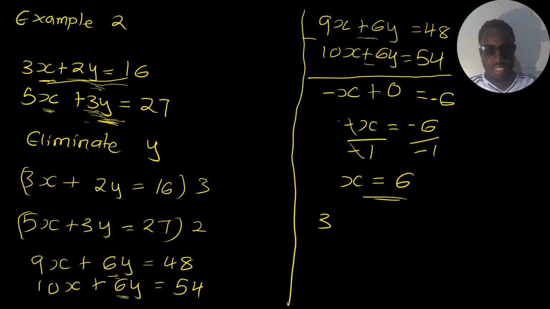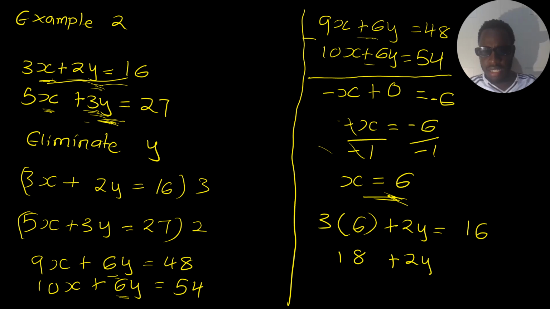The value of x is 6, so we have 3 into 6, replacing the x with the number, plus 2y is equal to 16. So that is 18 plus 2y is equal to 16.